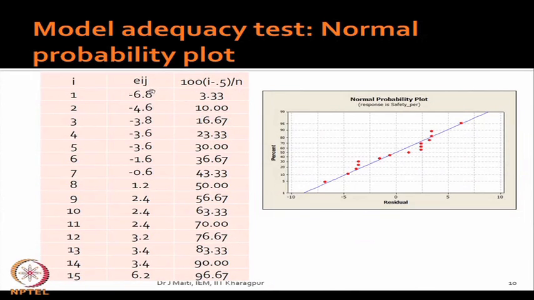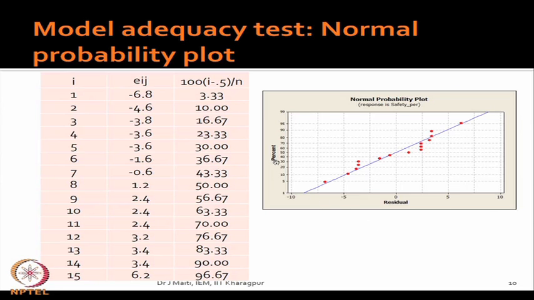So the first one, 100 (i minus 0.5) by n, is 3.33. So you must have the error values; you arrange them in ascending order. You have the number of observations serially arranged, and now you are calculating this. This is one way of finding the probability value, in terms of percentage, and then you plot.